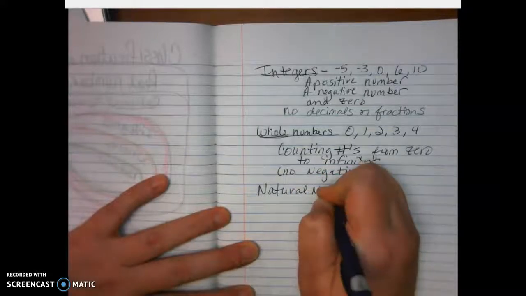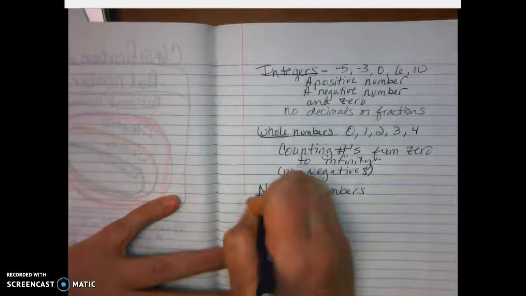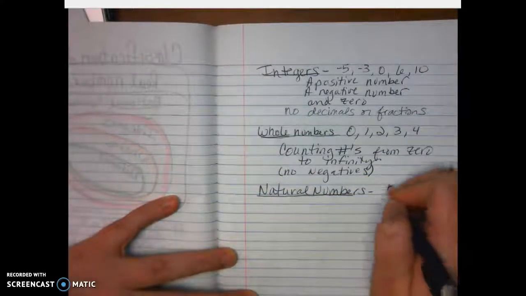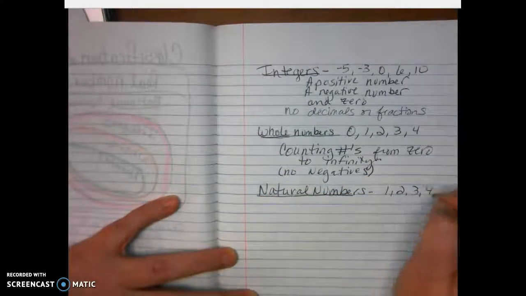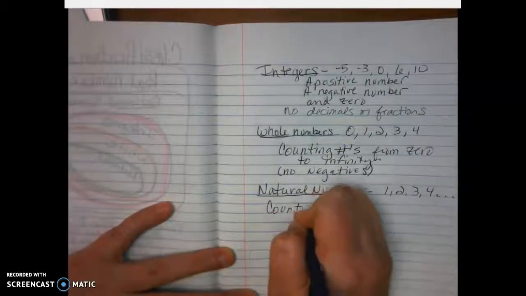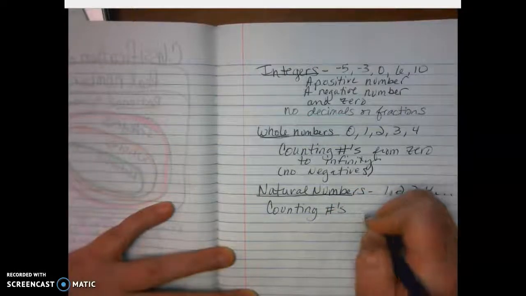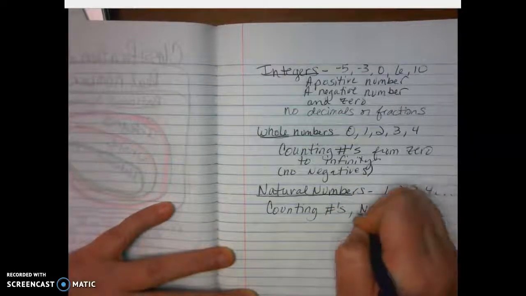Natural numbers. Okay? This one is only 1, 2, 3, 4, ... Counting numbers, no 0.